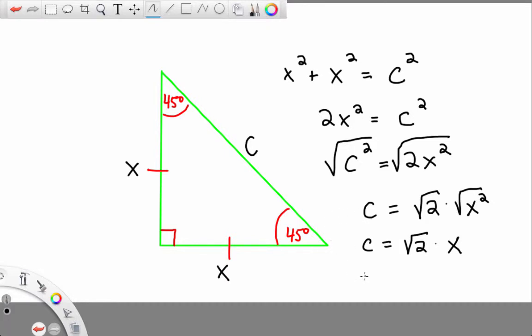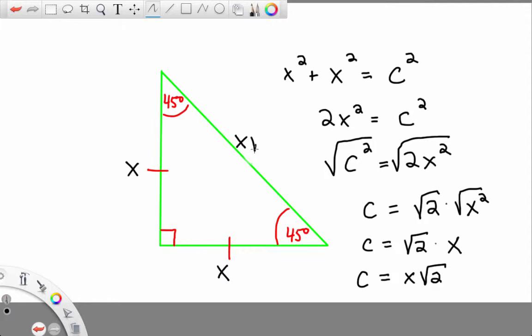And finally, rearranging the terms, we have c equals x root 2. So we can come back to our diagram, erase this letter c, and replace it with x root 2.